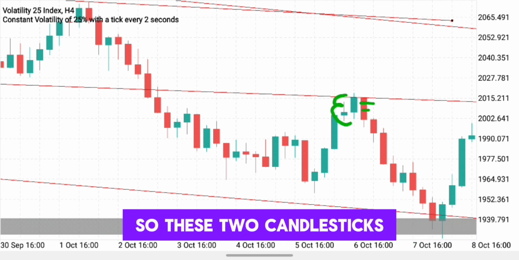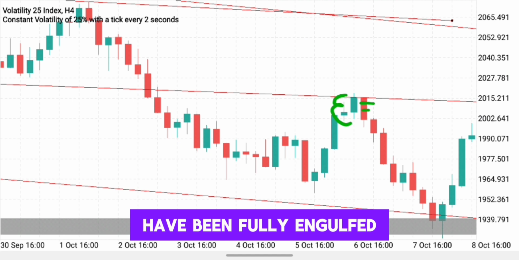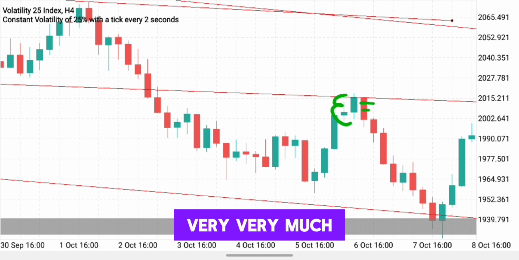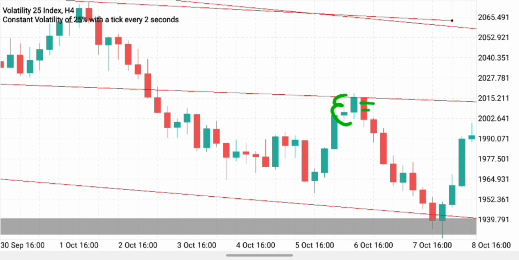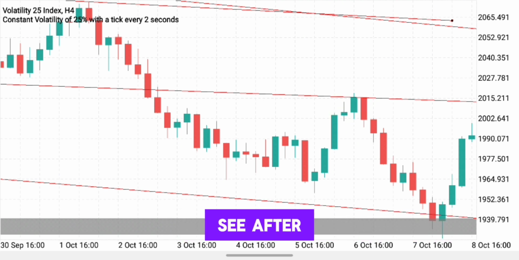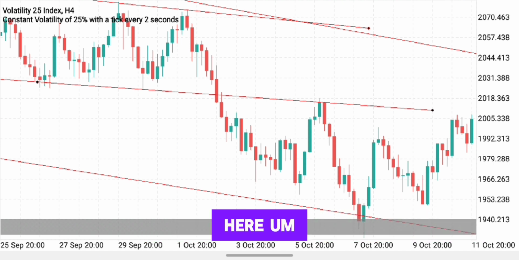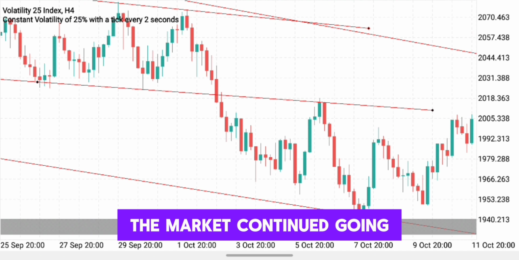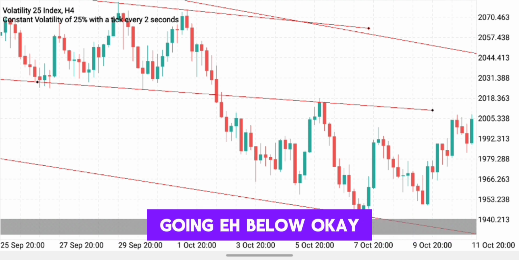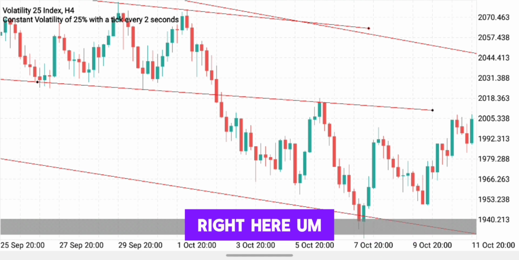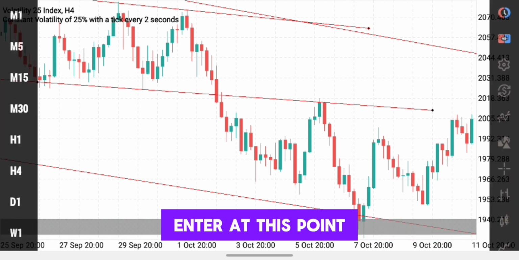These two candlesticks have been fully engulfed, which means there is very much selling power. As you can see, after the selling power you've noticed right here, the market continued going below. Right here, it is safe to enter at this point.